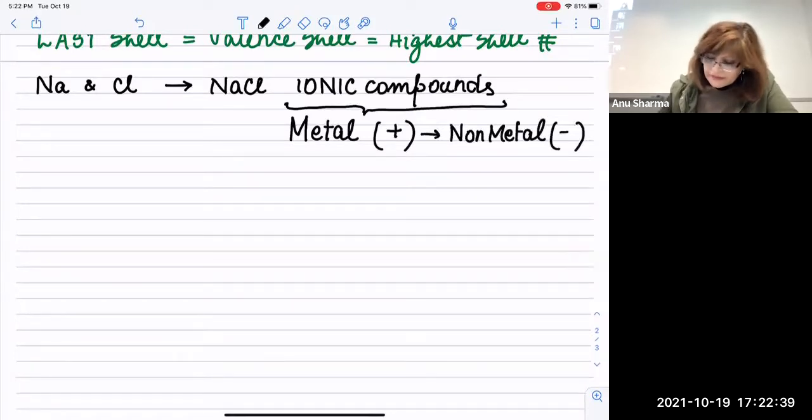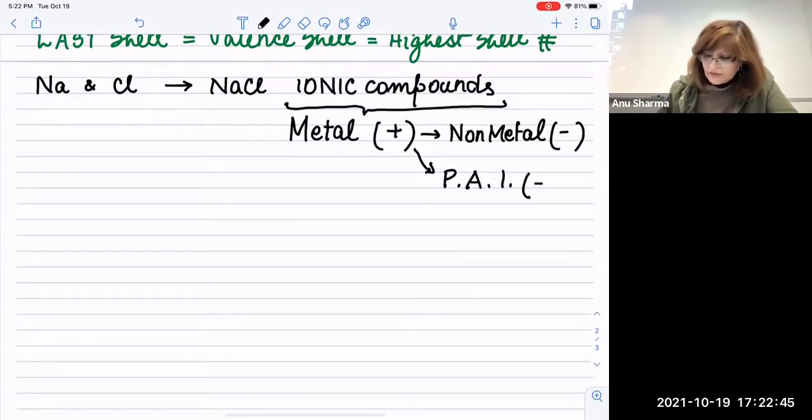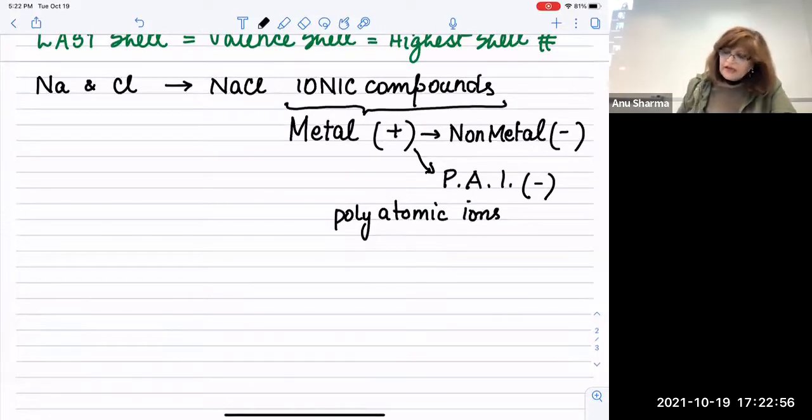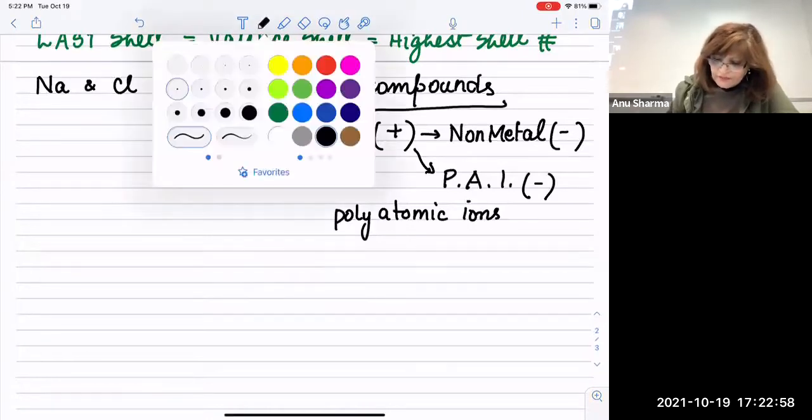Okay. And the metals can also combine with polyatomic ions. Okay. And these polyatomic ions also have negative charge. So PAI means polyatomic ions. So let's look at first the situation between sodium and chlorine.